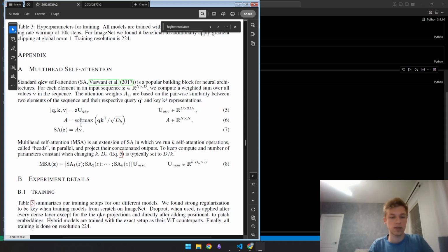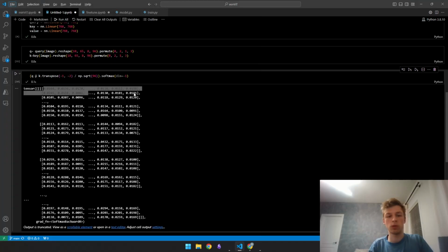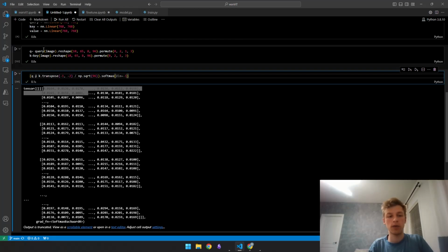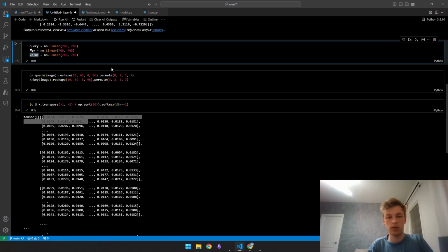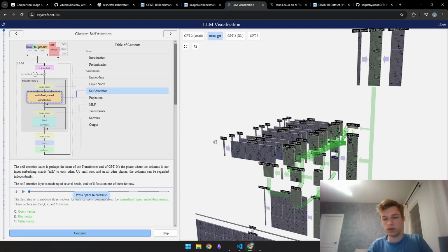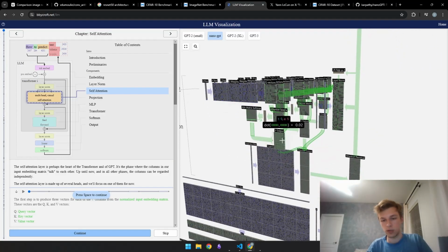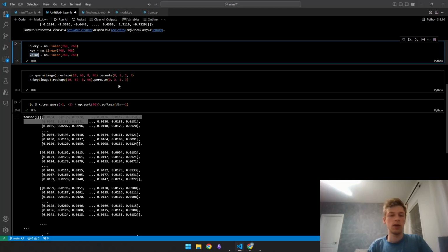So here we have softmax, and then finally we would multiply by the values, which would be created by this final linear layer. And here in the LLM visualization, we can see that this is a dot product between V and the attention softmax matrix.